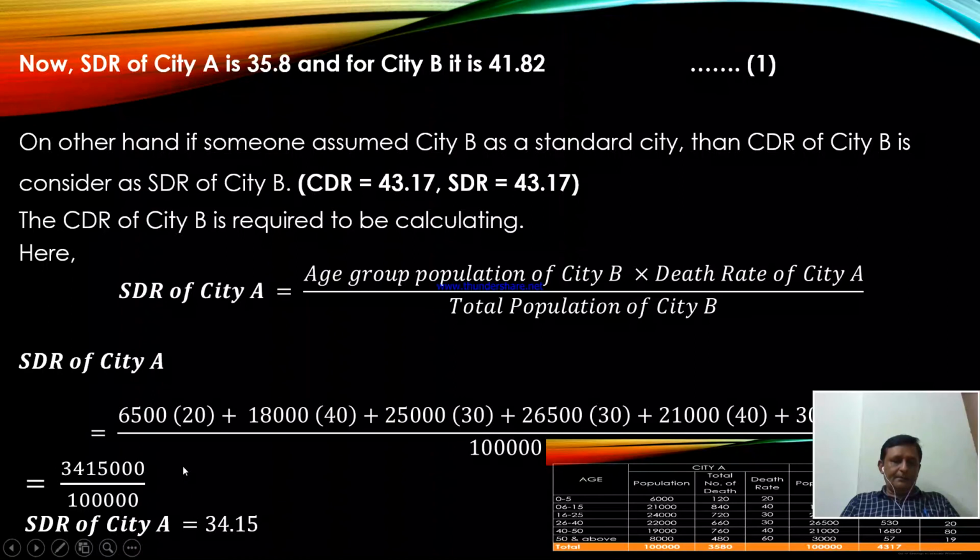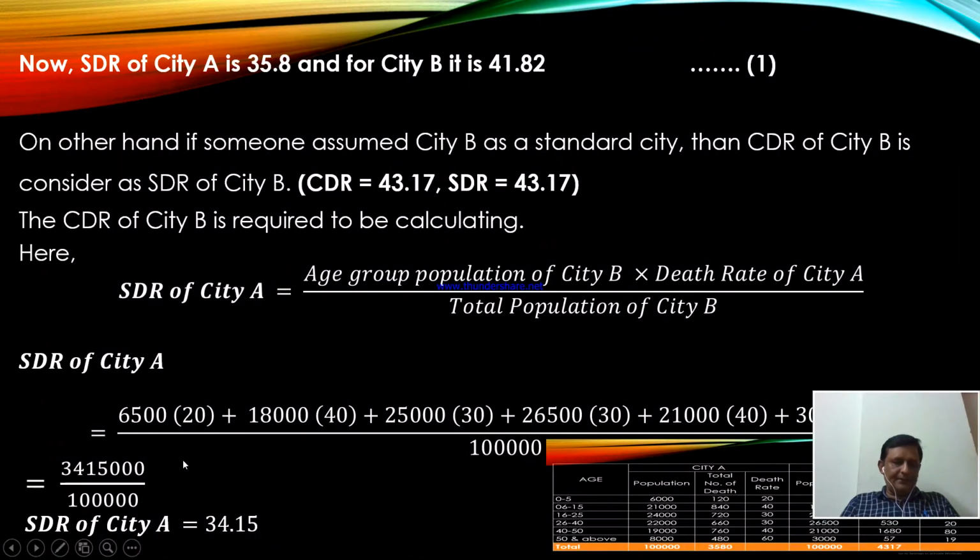So finally we compute 34 lakh 15,000 as the final calculation after multiplying and adding all the numbers, and dividing that by 1 lakh, here we get 34.15.